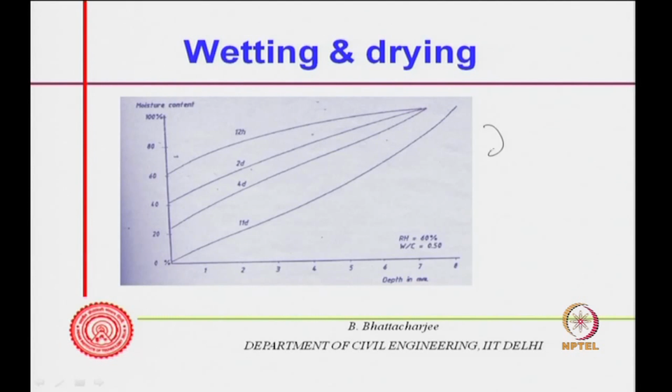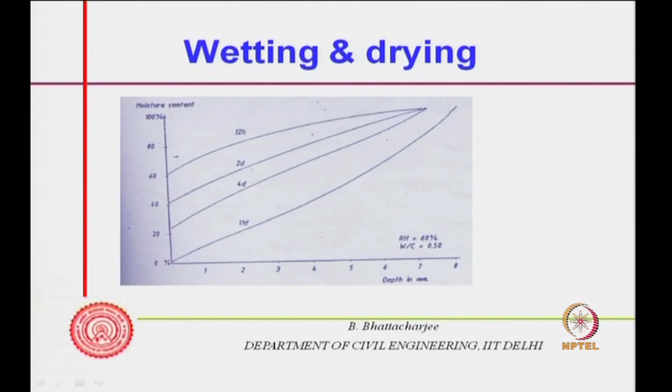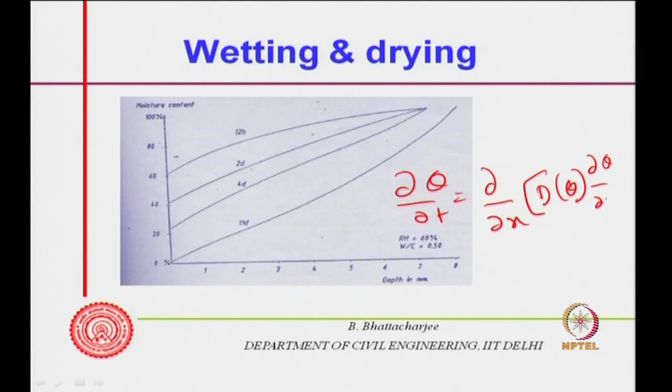It can be written like this: del theta by del t equals del by del x of D, which is a function of theta, into del theta by del x, where theta is the relative moisture content. This is the Richards equation, and through this you can solve and find out the moisture profile.